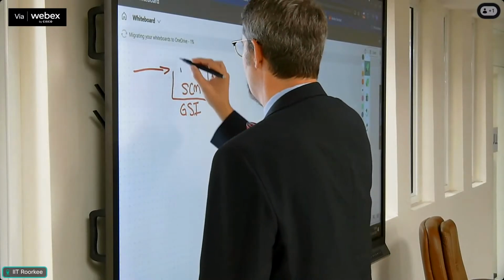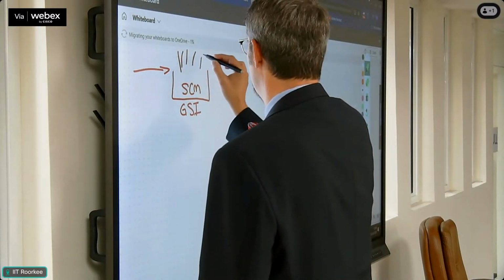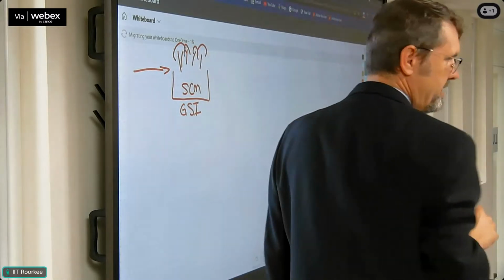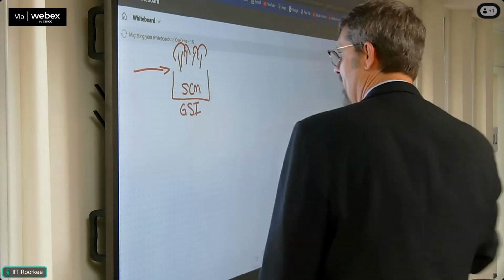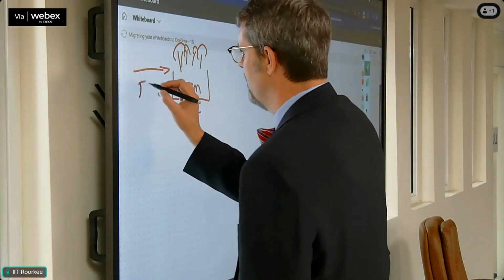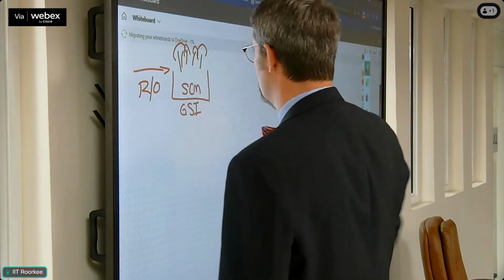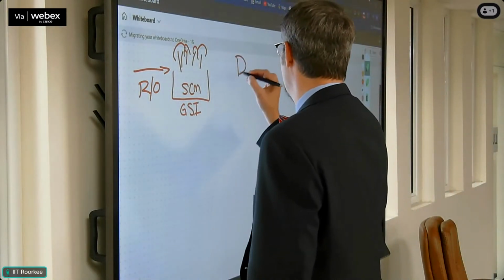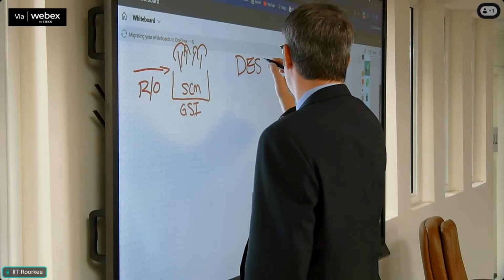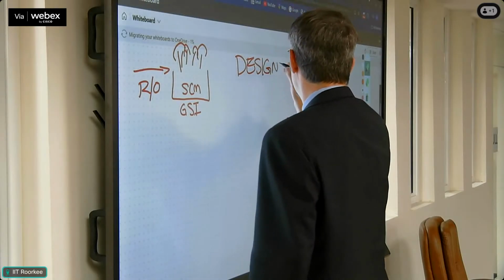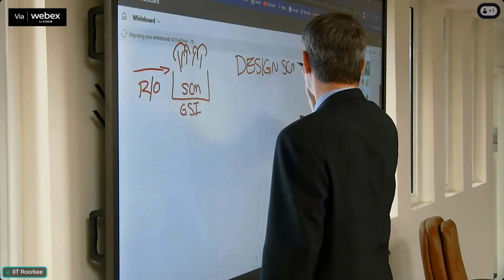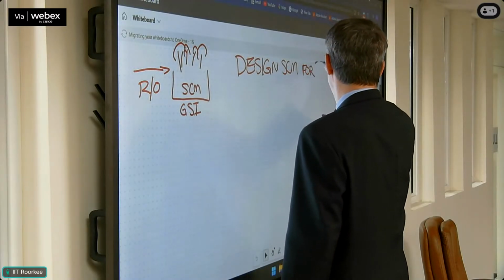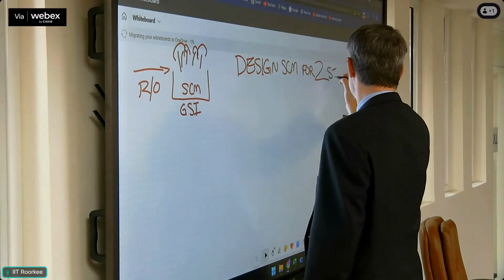It accommodates only 60% approximately. We have runoff coming in. I'm going to make it into a box, 35 mm, and if you want, I'll put plants in it. Runoff is coming into your stormwater control measure, and you design your SCM for two storm sizes.